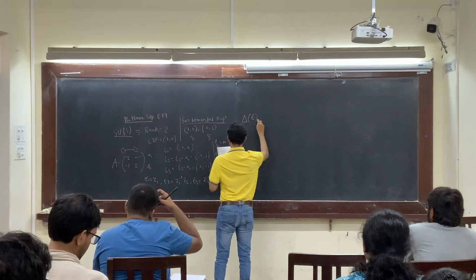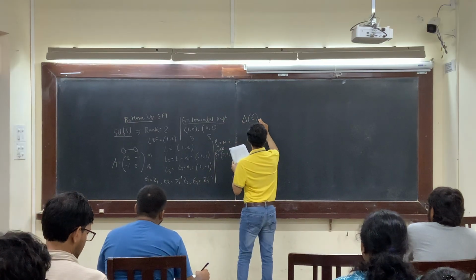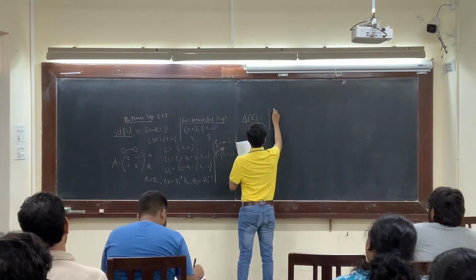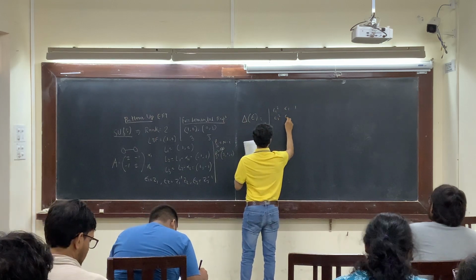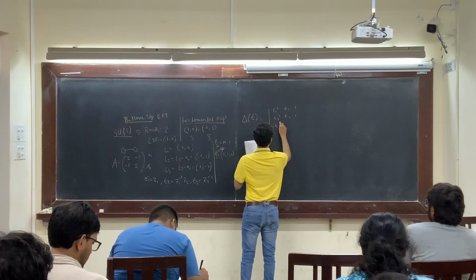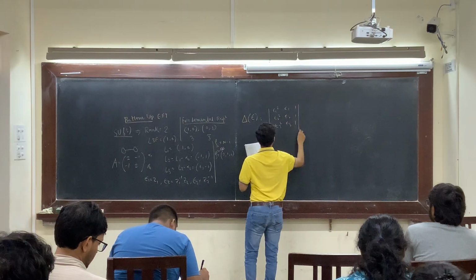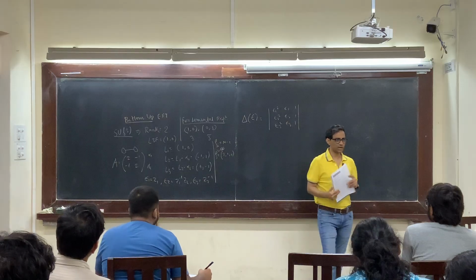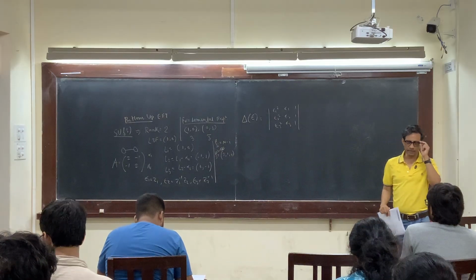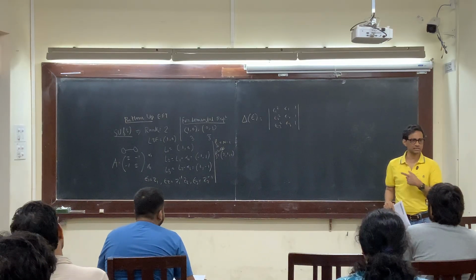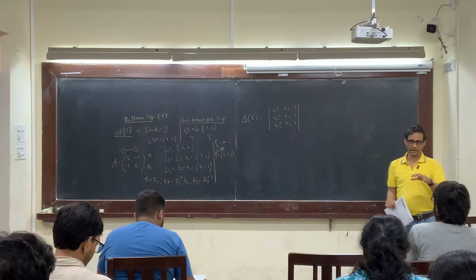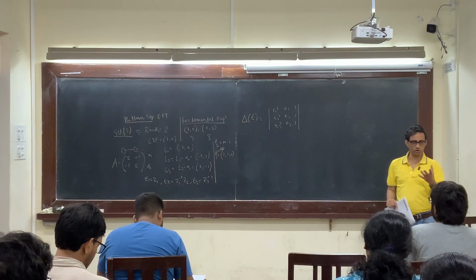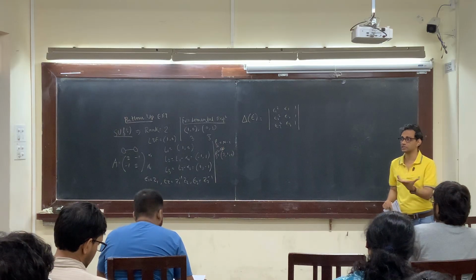Delta epsilon. And what was the delta epsilon here? So this is the determinant you have to calculate. And where does this determinant appear? In the character calculation. This is the Vandermonde determinant. It appears in the denominator. And as I told you, try to recall, this is independent of the representations.